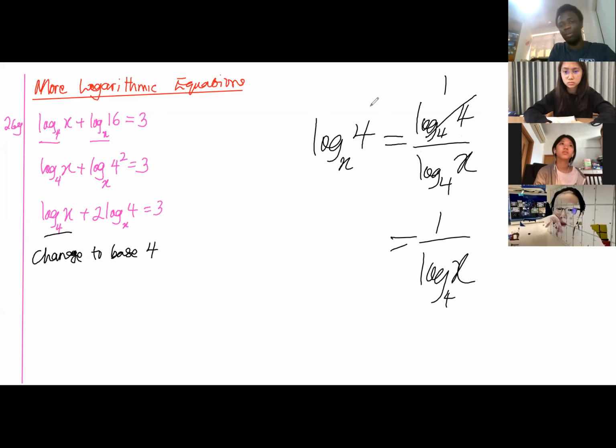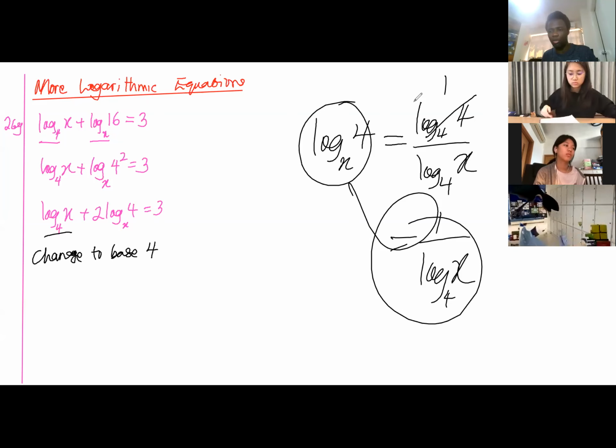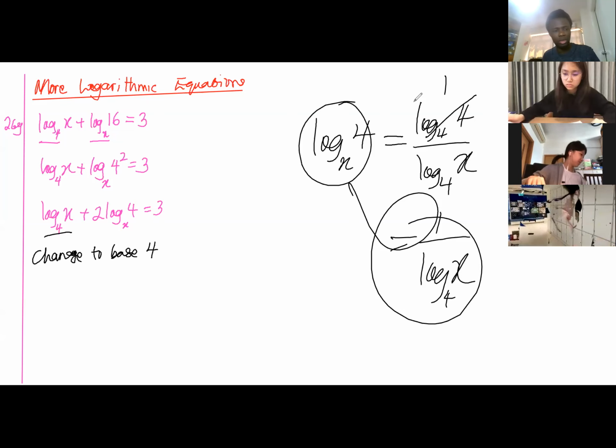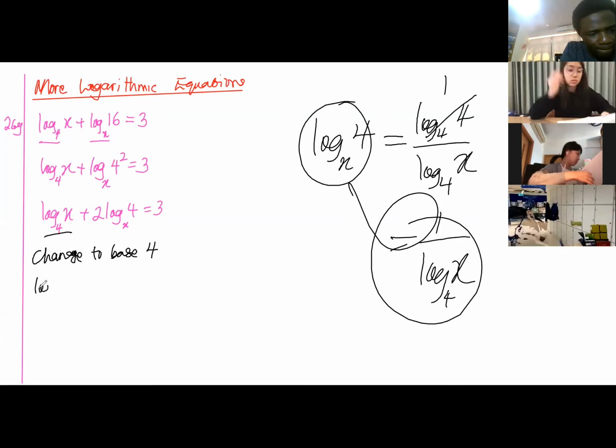This is already a principle that we learned before, so you don't have to go through this. We already have a law. Can somebody look at those laws of logarithm? I call it the reciprocal of logarithm. Law 8. Everybody look at law 8 in your notebook. Have you all seen it?